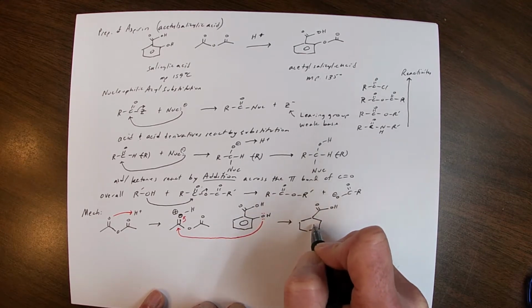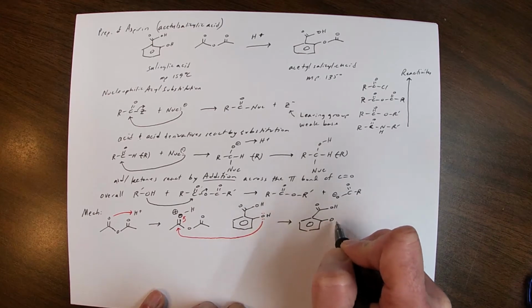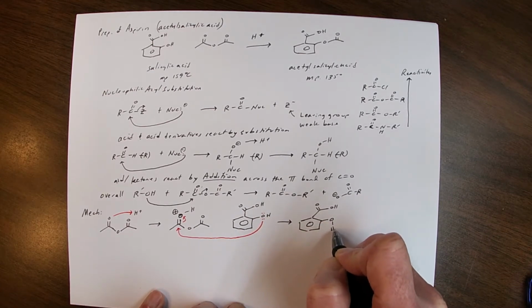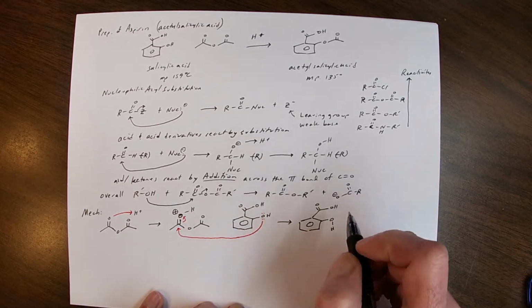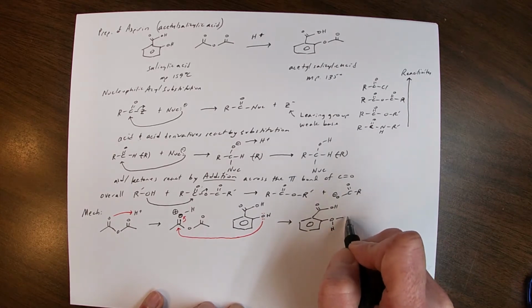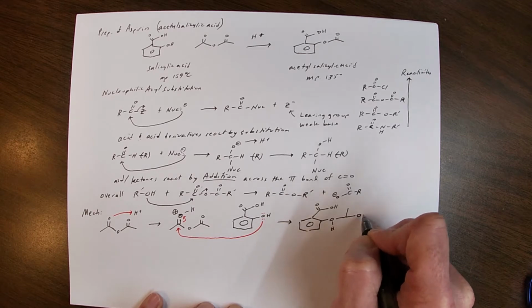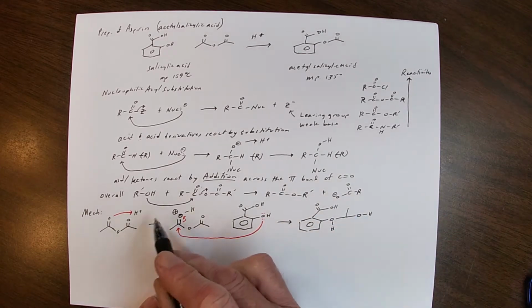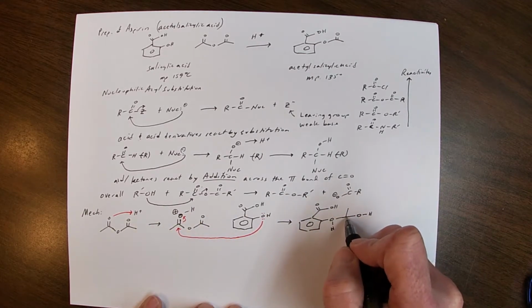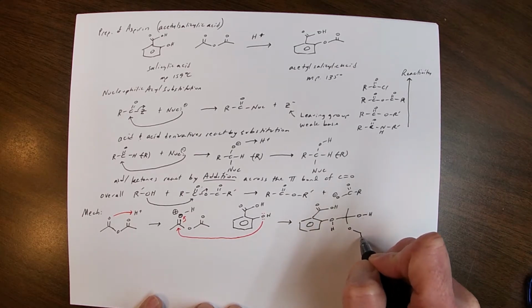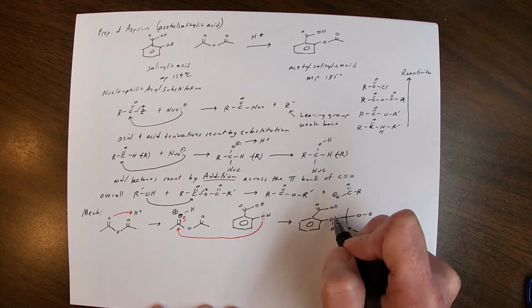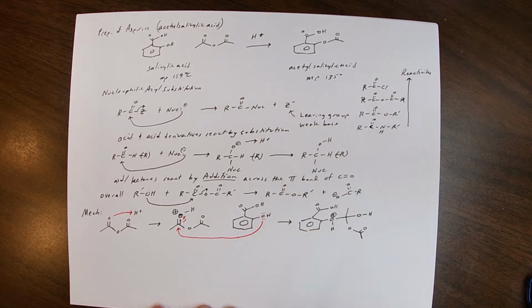Now you have to keep up with the protons here. All right, so I still have a proton on this oxygen, and I have attacked this carbonyl carbon. There's my methyl group. Here is the OH, and here is going to be my leaving group. Okay, so got a positive charge right here.